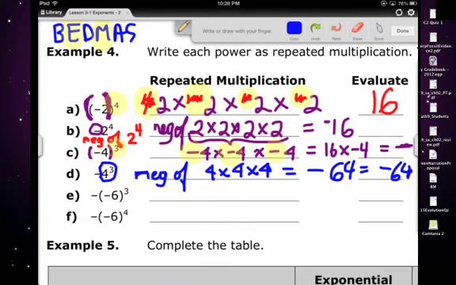In example 4E, it can look a little bit confusing. Go to BEDMAS and notice that you have to do your exponent first. This has been well identified in parentheses, so you know exactly what you're multiplying with. And if you're not entirely sure, this is negative 6 multiplied by itself 3 times.